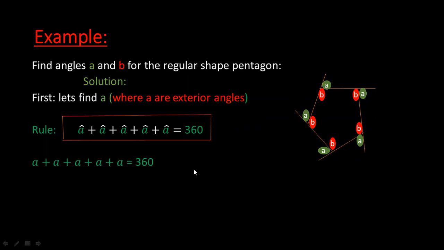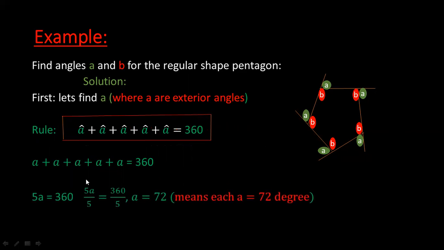If we substitute those values, the A's are the exterior angles. After simplifying, we add the similar terms, because the first term to the fifth are the same degree, all to power 1. We add the coefficients of each variable to get 5A equals 360.